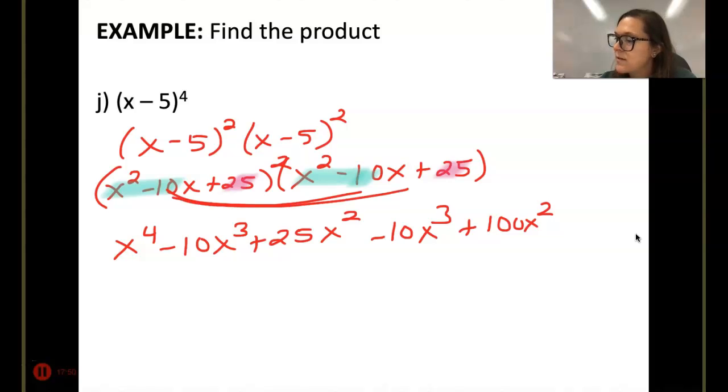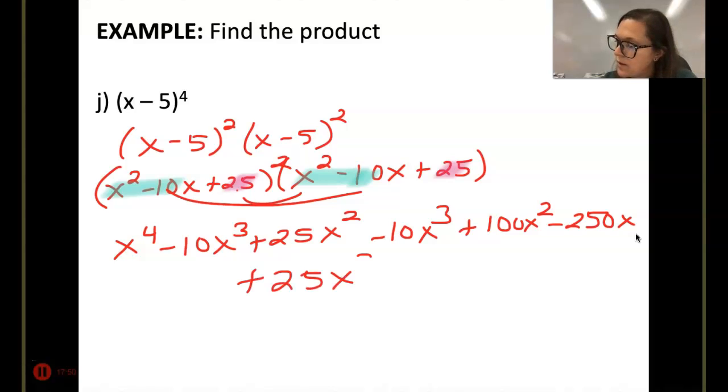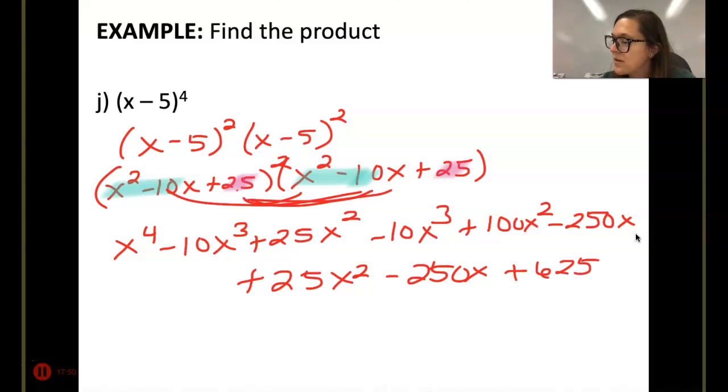Negative 10x times 25 is negative 250x. And then 25 times x squared, so plus 25x squared. Oops. 25 times negative 10x, so negative 250x. And then 625.